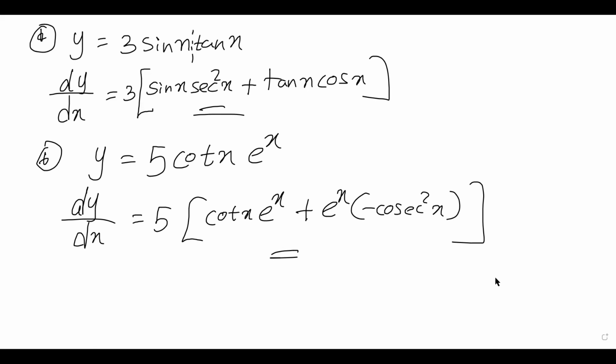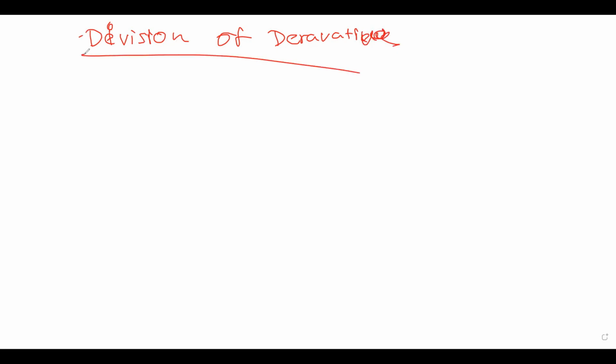Okay, next I go to the last part, division of derivatives. It is the same as that. If there is a division, how do we do it? If you have y equal to u divided by v, I want to take the derivative of this.